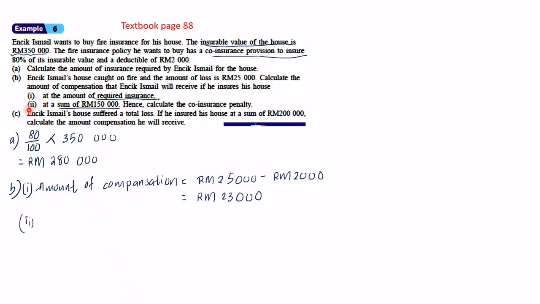In the second situation, Ismail insures his house at a sum of 150,000 ringgit only.